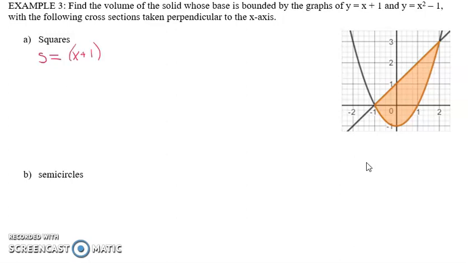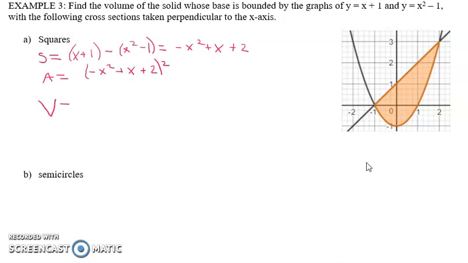The bottom function here is x squared minus 1. That gives us negative x squared plus x, and then 1 plus 1 ends up being plus 2. The area of that square is just going to be this trinomial squared.